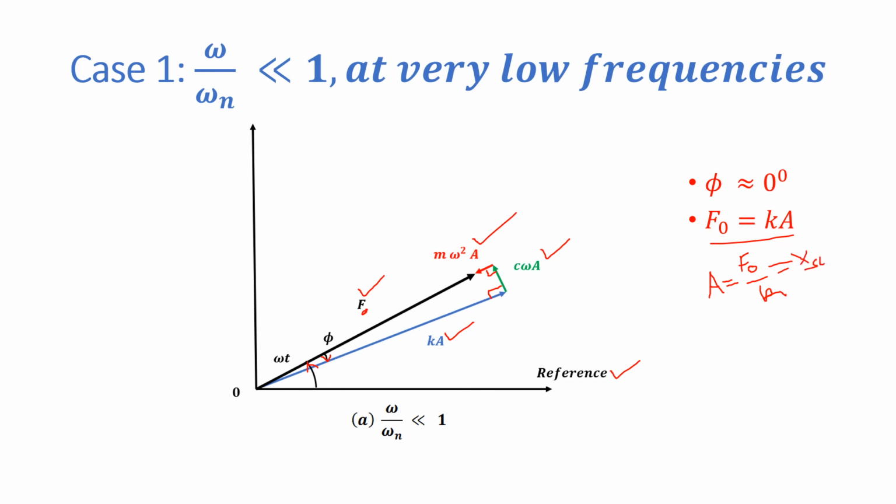So it means A by static deflection approaches a value of 1 for omega very much less than omega n, means near to 0, near to static conditions, as we have discussed in the characteristic of frequency response curve.